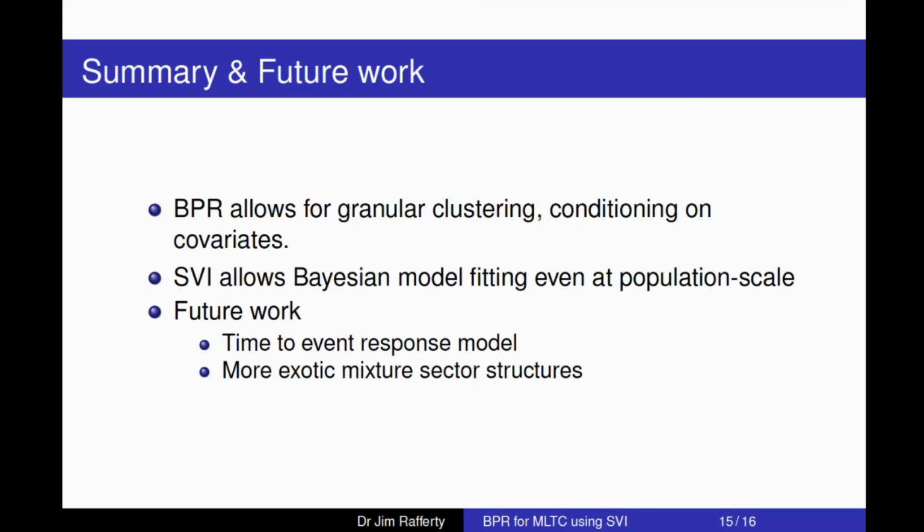We could also look at developing more exotic mixture vector structures. The obvious one where you have continuous data is a Gaussian mixture model. There are lots and lots of other options for different data types to include in your mixture vector.